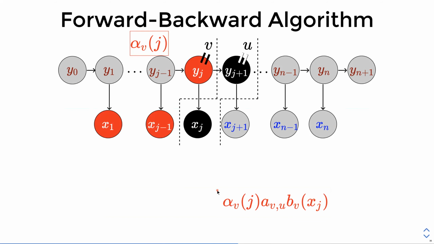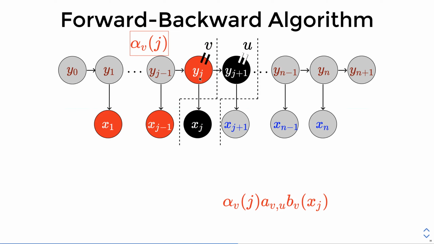So essentially, to construct the original alpha term, we can take the alpha vj here and multiply it with a transition from v to u, as well as emission from v to xj. But we have to consider all the possible cases for v, because we don't know the value for the previous node.